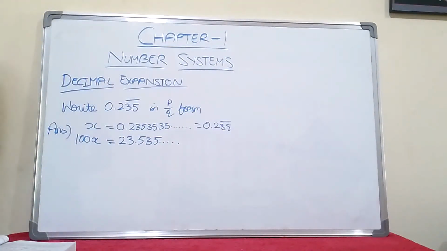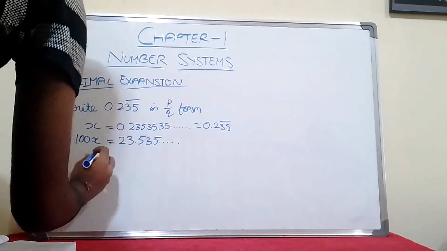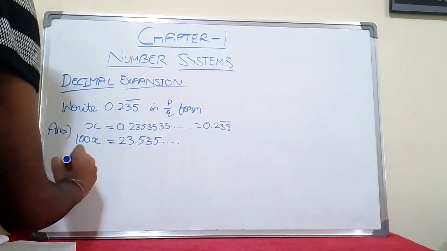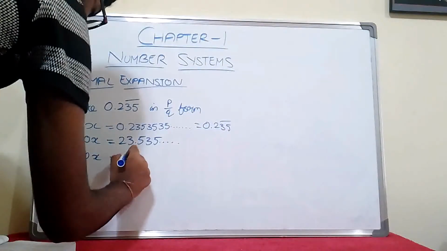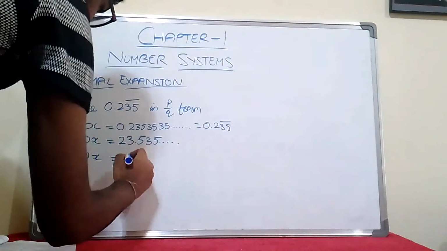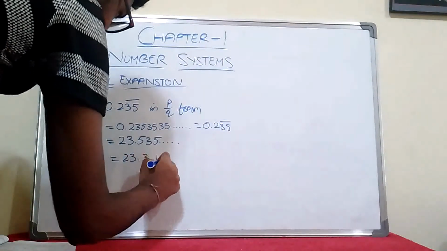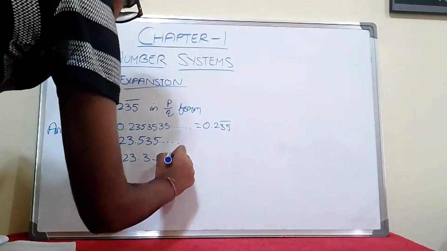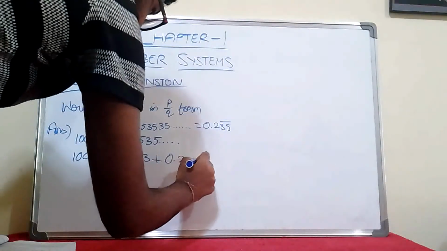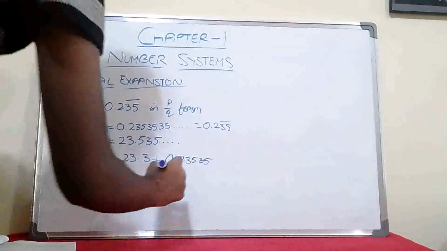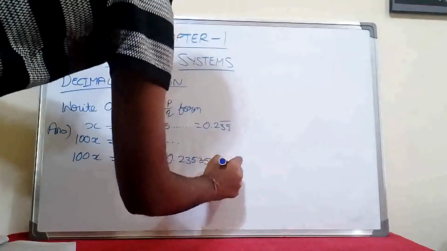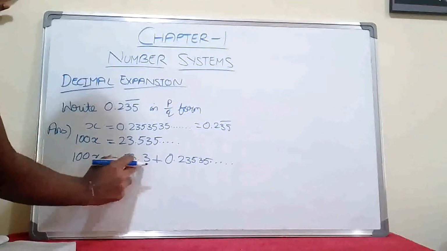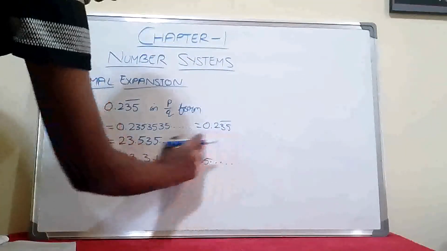Here we can see that 100x equals 23.3 plus 0.23535. From where do we get 0.23535? It is the same way. We can see that 23.3 plus this number gives us 23.535.